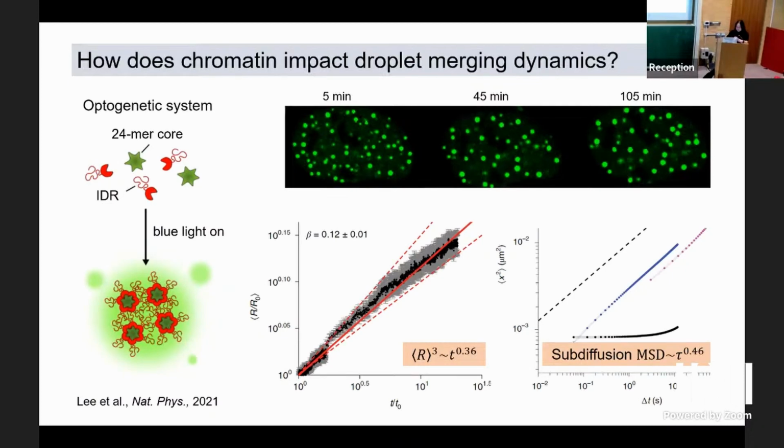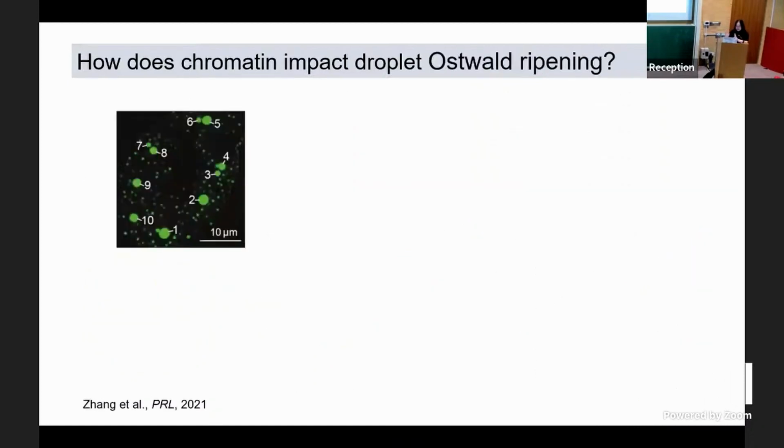So that's one part, which is trying to understand how chromatin impacts the motion of the droplet, which then leads to modification of the merging dynamics. And the next part I'm going to talk about is how chromatin impacts the Ostwald ripening.